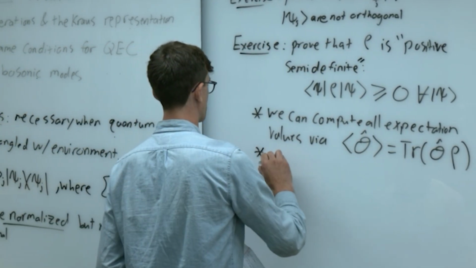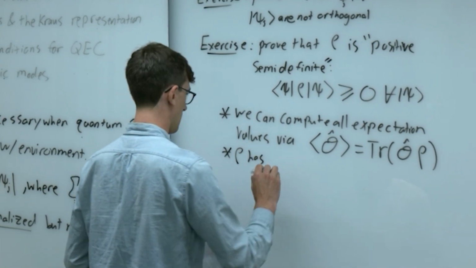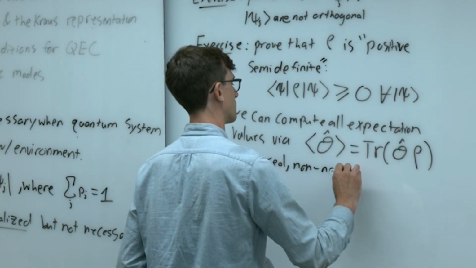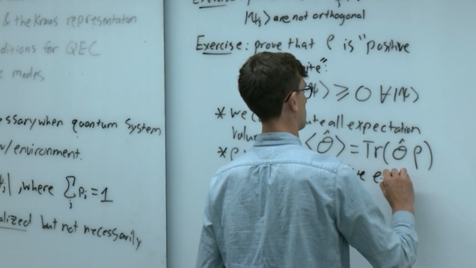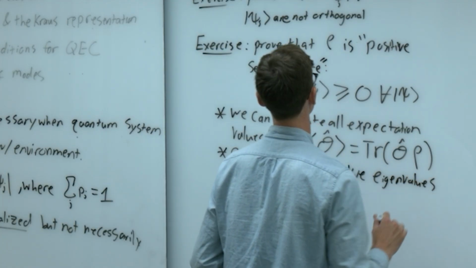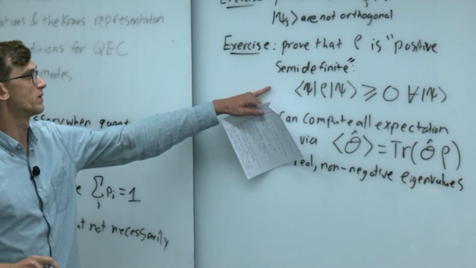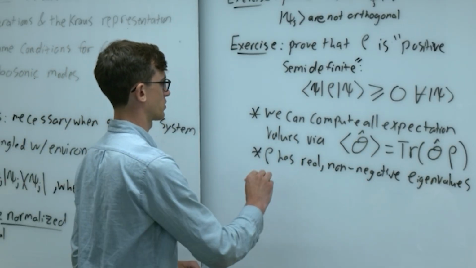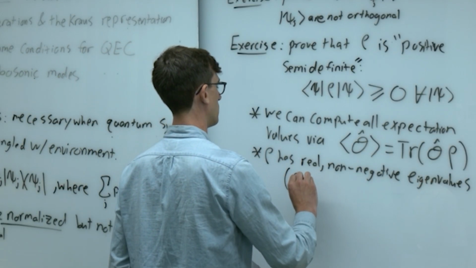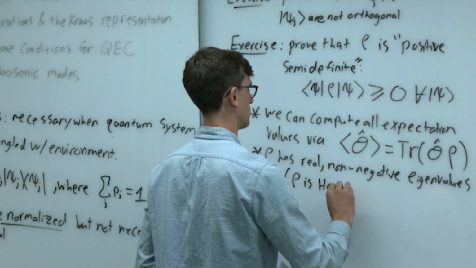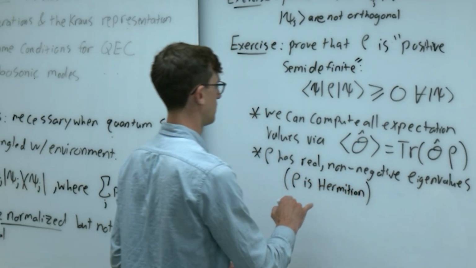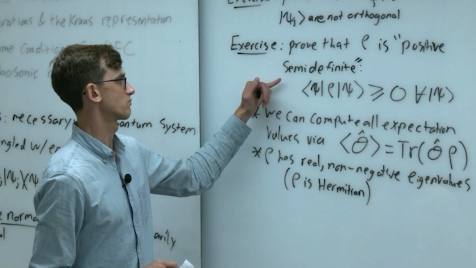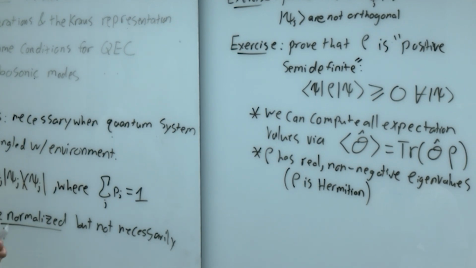Another important thing to note is that rho has real non-negative eigenvalues. And this is, of course, implicit in the fact that rho is positive semi-definite. Or really, it's a function of the fact that rho is Hermitian. So given that it's Hermitian, it has to have real eigenvalues, and they're non-negative because rho is positive semi-definite. Cool.